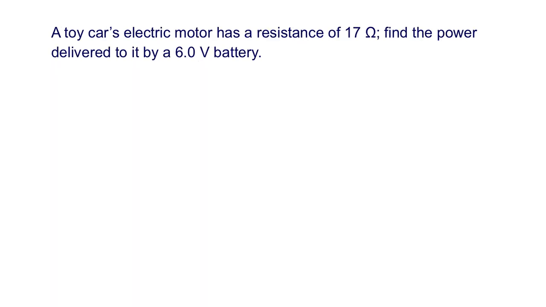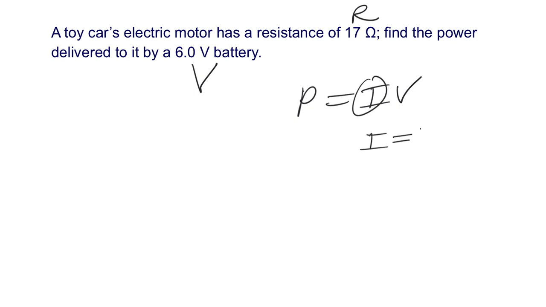Okay, next one. An electric motor has a resistance of 17 ohms. So that's R. Find the power delivered by a 6-volt battery. That's the voltage. So P equals IV. But I don't have I. So I'll substitute I equals V over R in there.